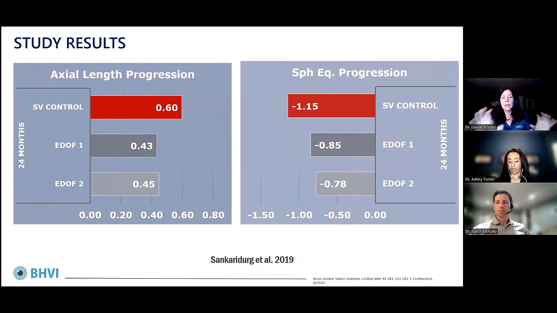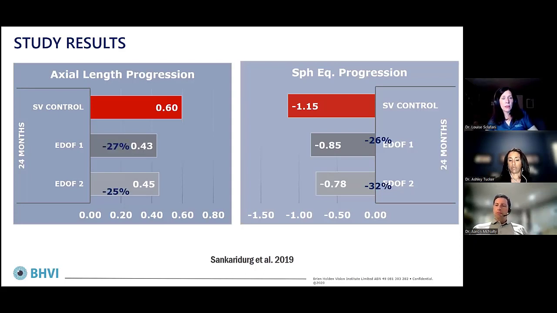Let's just look at the extended depth of focus designs and compare them to the single vision controls. With regards to the progression of myopia, it showed a reduction of 26% and 32%. So it had less progression of myopia than the single vision control did.